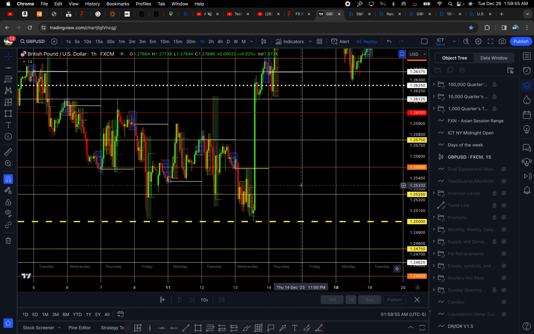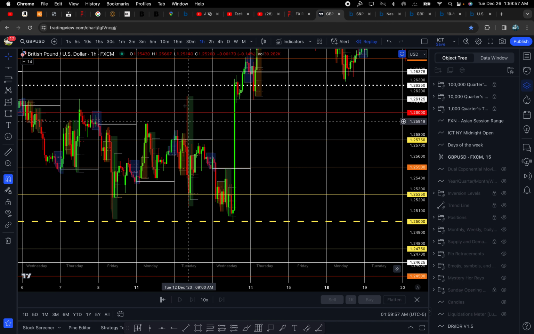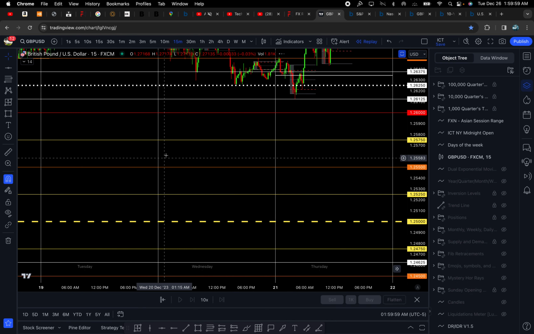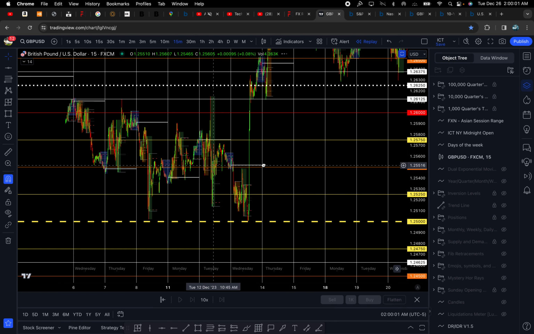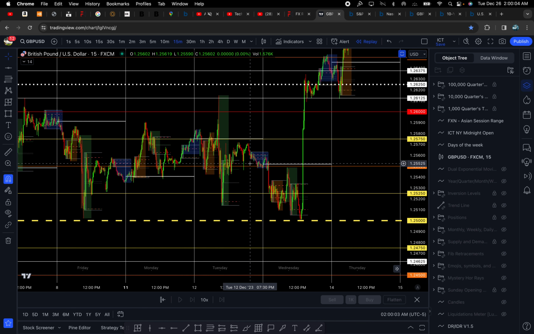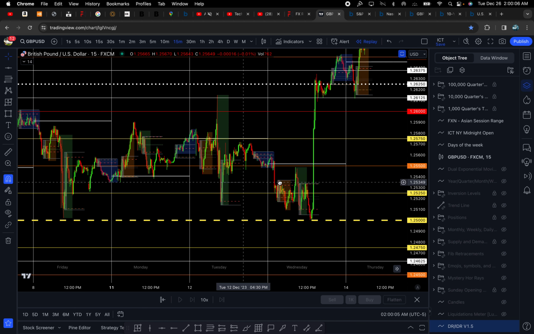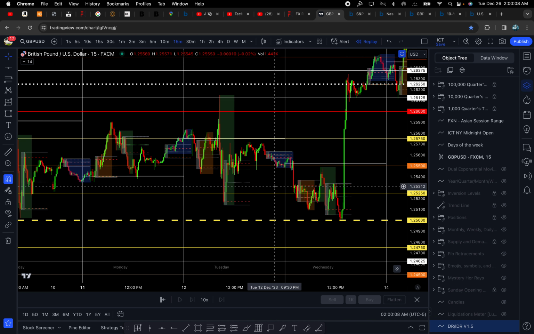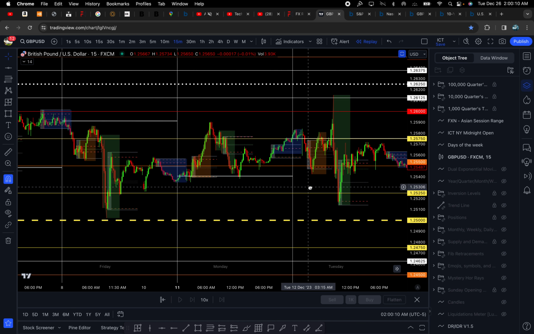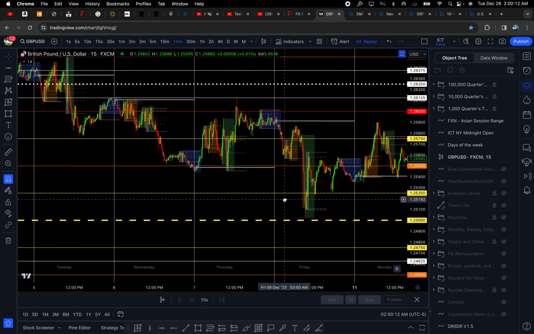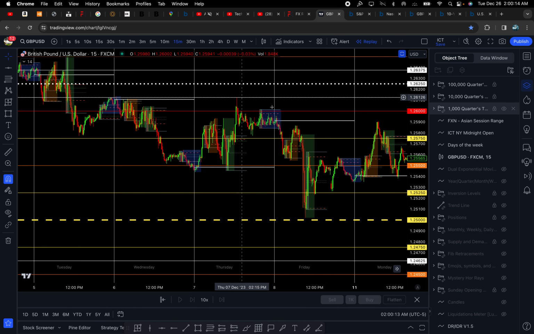You could probably get by without them, but there is some utility to having them. As you can see, look at how price perfectly reacted off of that.